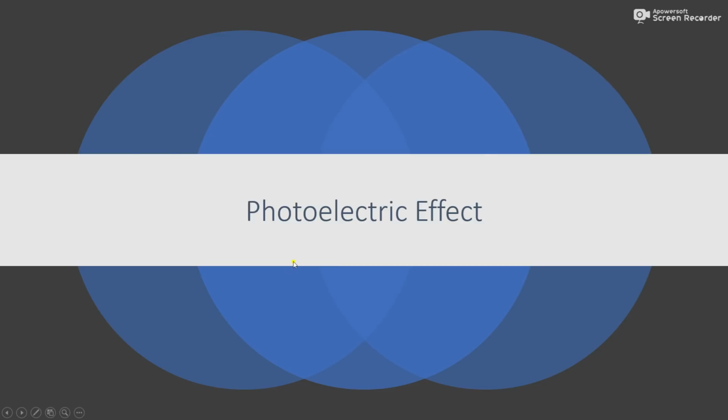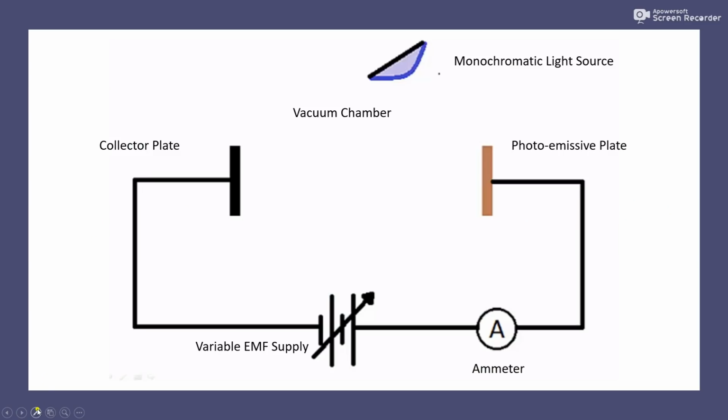So this is basically how the experiment looks. We have this circuit, which is made out of a variable EMF supply, which we are not going to worry about first because we're going to set it at 0 volts, so there is no EMF coming out from the supply.